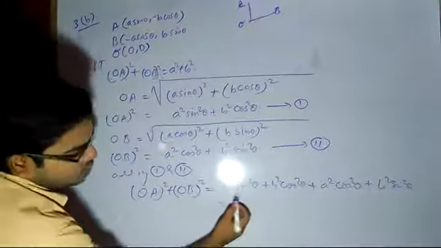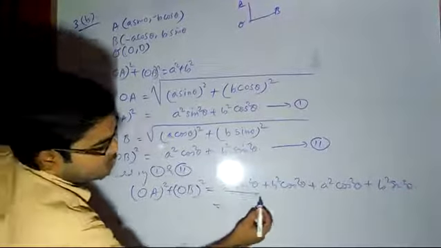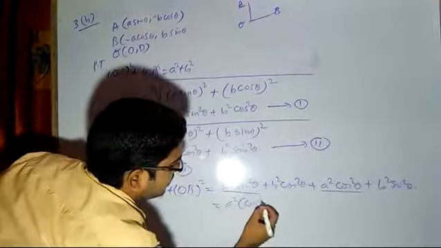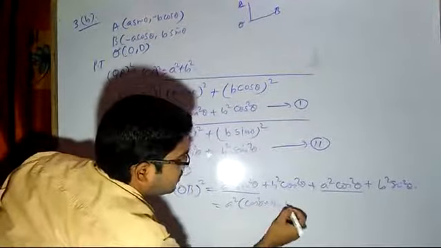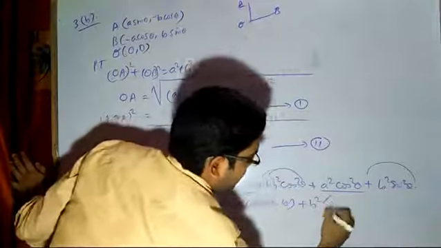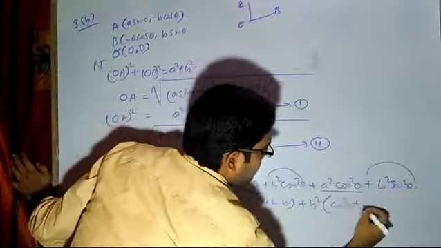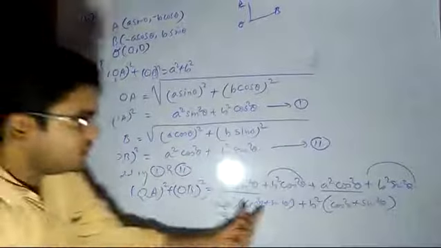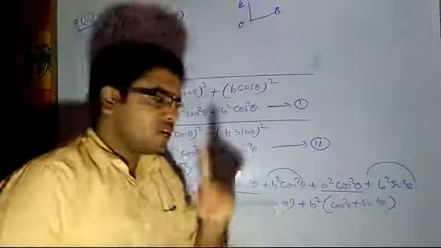Now try to bring the a terms together: a square sin square theta, a square cos square theta. So I can write a square times cos square theta plus sin square theta, same thing. We have b square, this and this. So b square times cos square theta plus sin square theta. And we know from trigonometry cos square theta plus sin square theta is equal to 1.